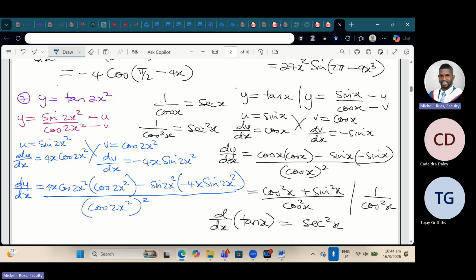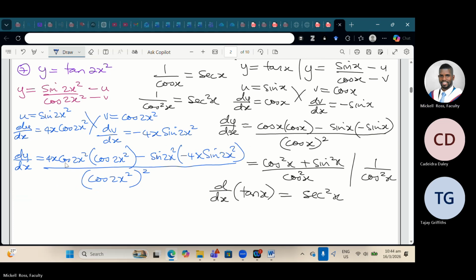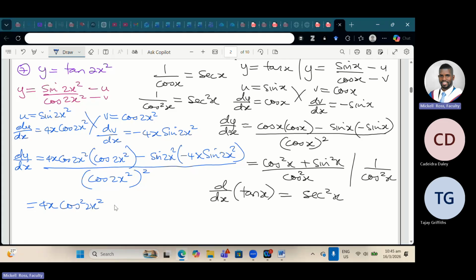So here we go now. When we multiply 4x and cos times cos, that is going to give us cos squared, and then we get the 2x squared.